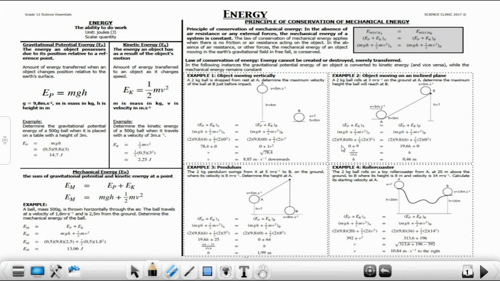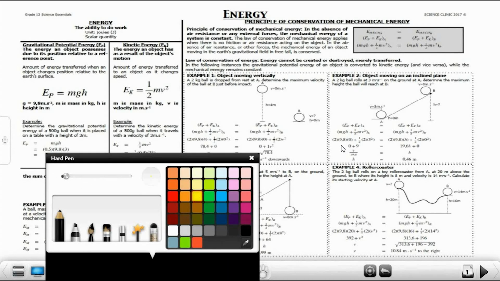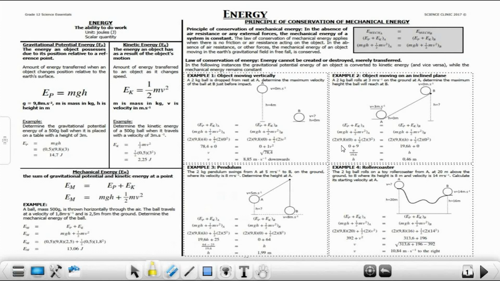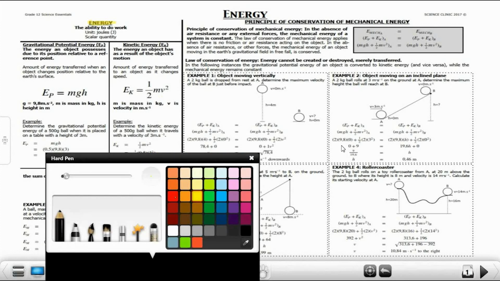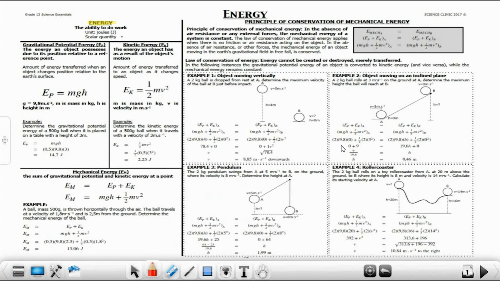But it basically says to me, first things first is for me now to fully explain what is energy. So we define energy as the ability to do work, and it is a scalar quantity. So it being a scalar quantity, it basically says it must have magnitude only.